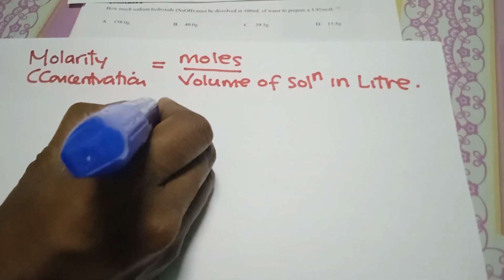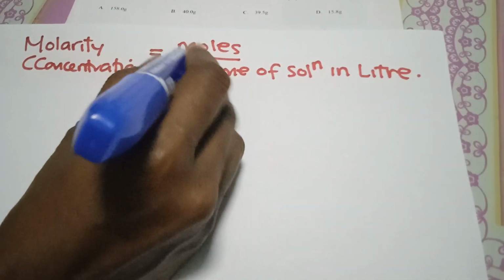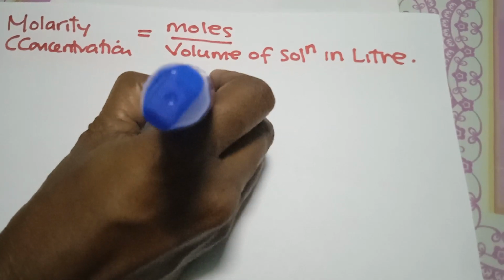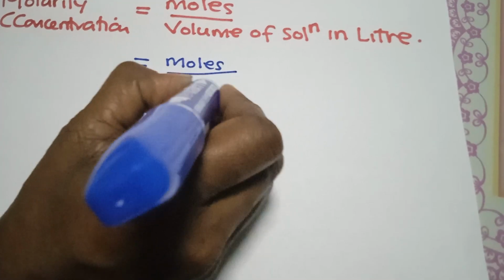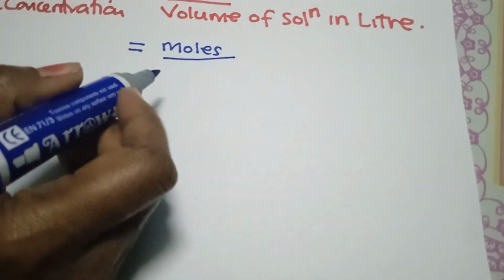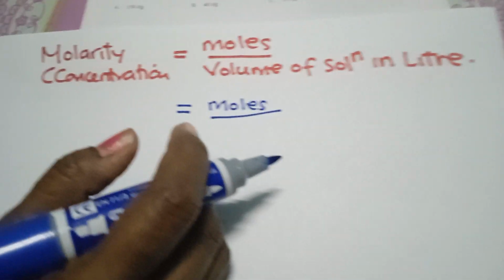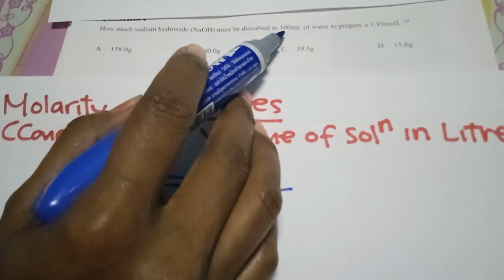So for this one, we do not know the moles, so we'll just put mole for moles. Divide by the volume of solution, it has to be in liters. According to the data given, it is actually given in 100 milliliters.